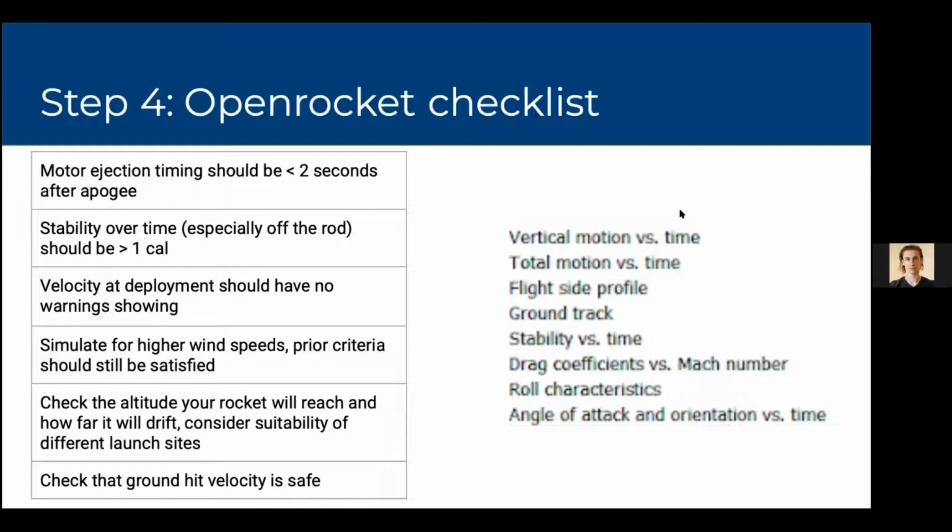To be clear, of the options in OpenRocket for simulation on the right-hand side, which would be best for checking what time after apogee we are? So yeah, you'd look at the vertical motion over time graph, and that would show you the apogee, and that would show you the ejection charge.